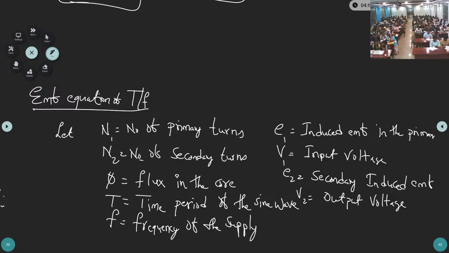So these are the nomenclature we have to use for the EMF equation derivation. N1 is the number of primary turns, N2 the number of secondary turns, V1 is the input voltage, V2 is the output voltage. I is not required here actually. φ is nothing but flux.